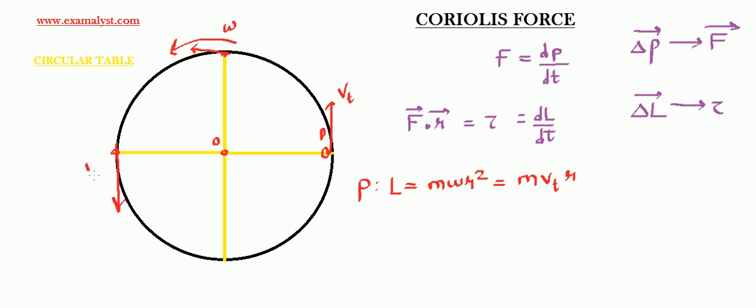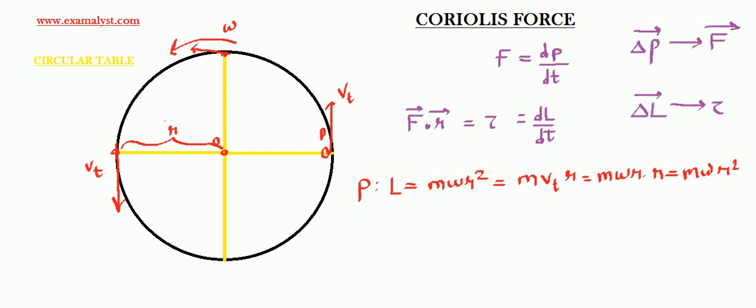If you multiply the mass, Vt, and r, where r is the distance of point P from the origin, you get angular momentum. But what is Vt? We know that linear velocity can be written in terms of angular velocity as v equals omega r. You know this from our circular motion chapter. So this gives us m omega r square.